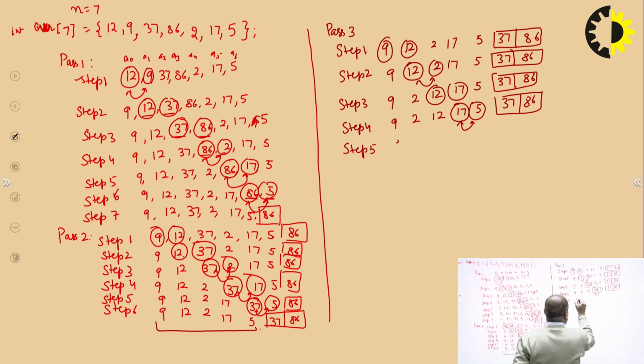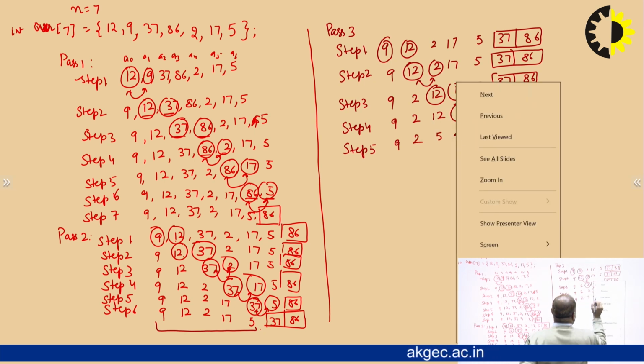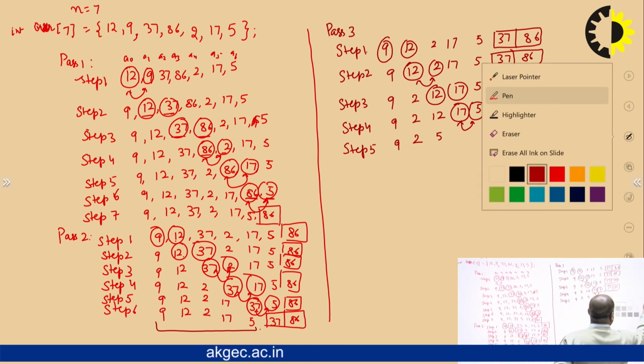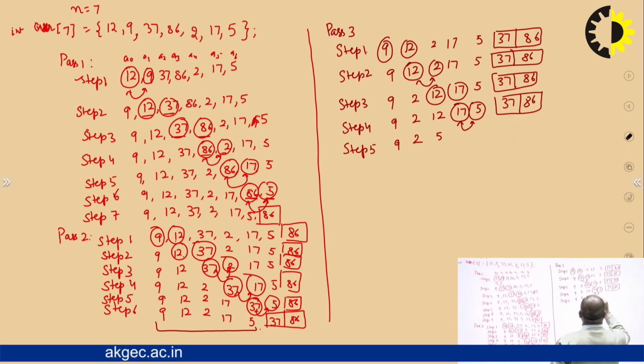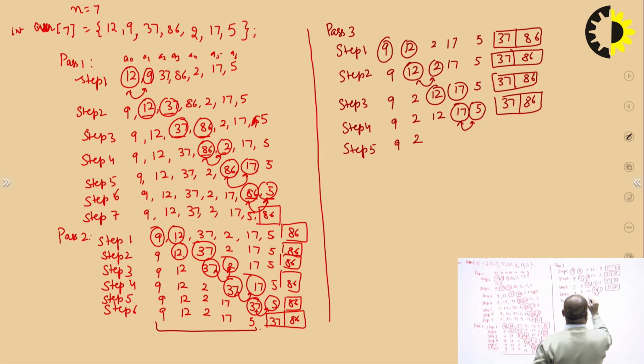So my final array after pass 3 will become 9, 2, 12, 5 and 17. You will see my 3 elements are sorted now, 17, 37 and 86.